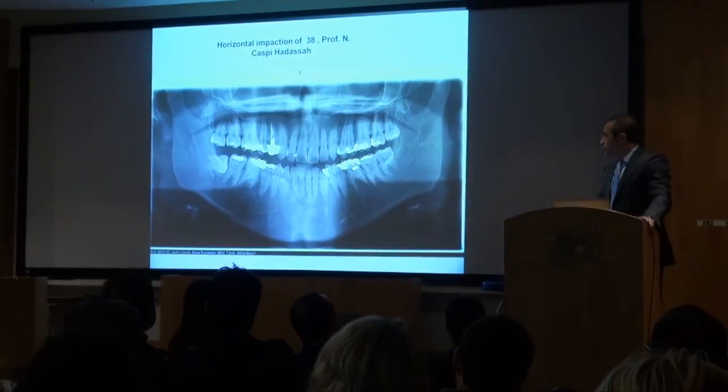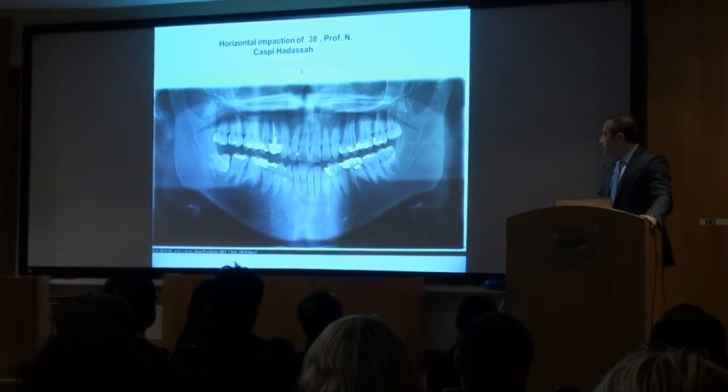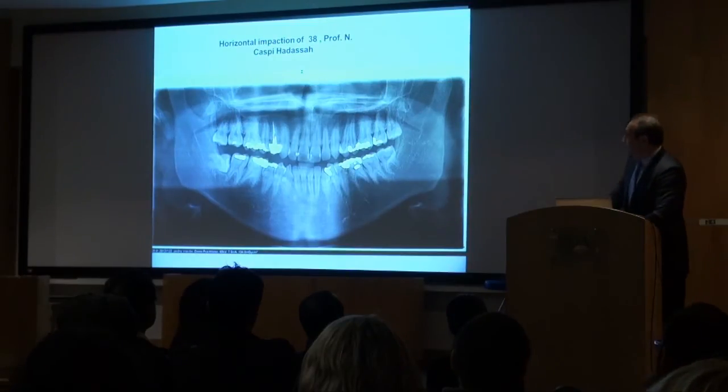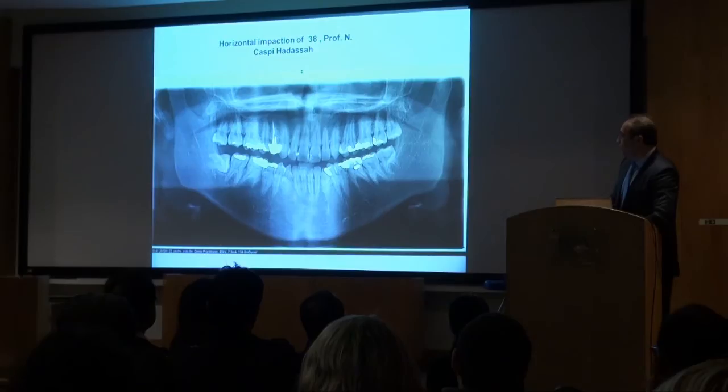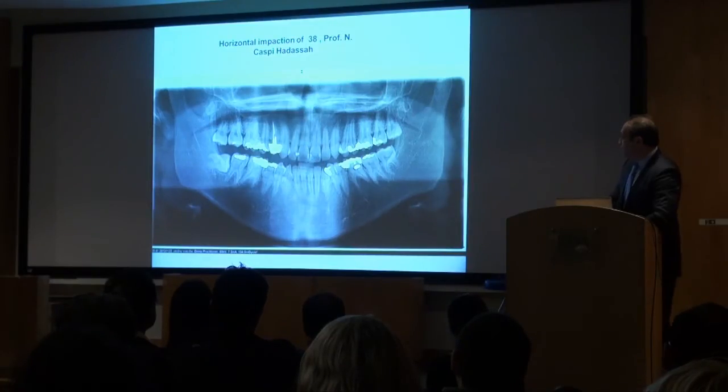Actually, all of you know this and are very familiar with it, I suppose, because it's a case that I'm sure you do in your everyday practice using any other graft. Here the difference is only that we use extracted teeth. I will show you cases done by myself and our colleagues. This case is an extracted impacted, mesially angulated wisdom tooth, done by Professor Kaspi Hadas from Jerusalem.